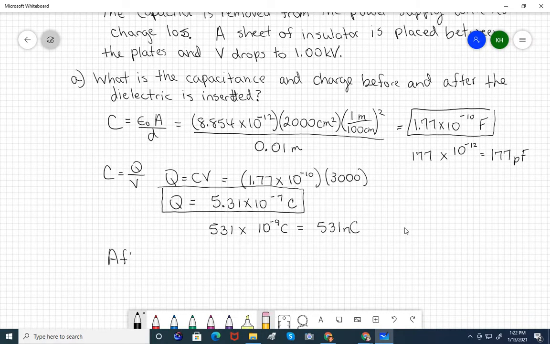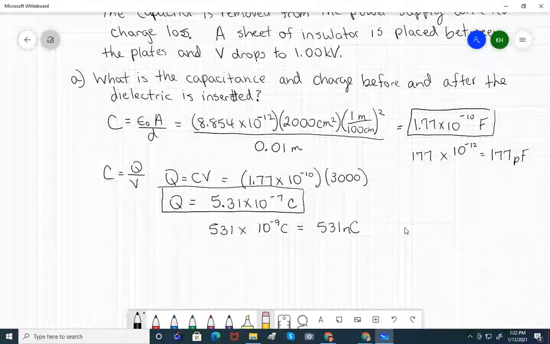That was the before. Well, we know the new capacitance is K times the original. So, we don't know K, do we? Nope, let's not go there. What do we know? We are asked to find the charge before and after the dielectric is inserted.